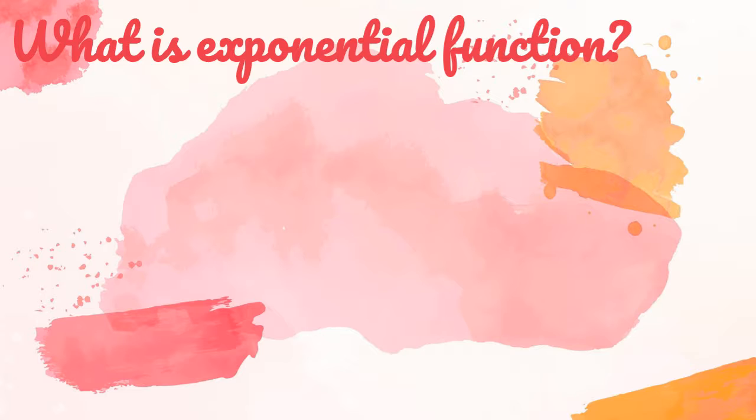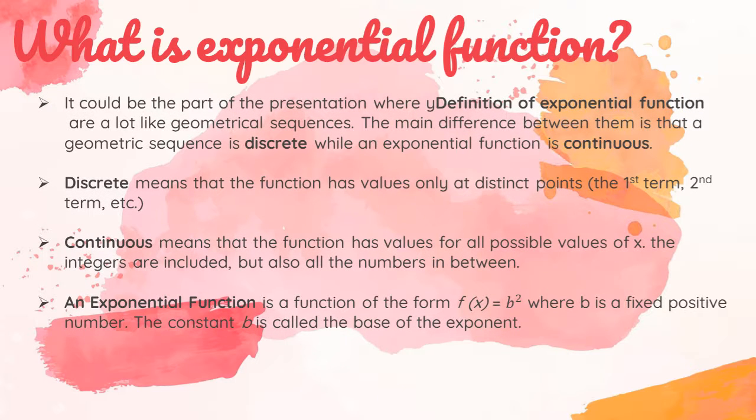Okay, another. What is exponential function? So, we have a simple definition of exponential function. It could be part of the presentation. Exponential functions are a lot like geometric sequences.